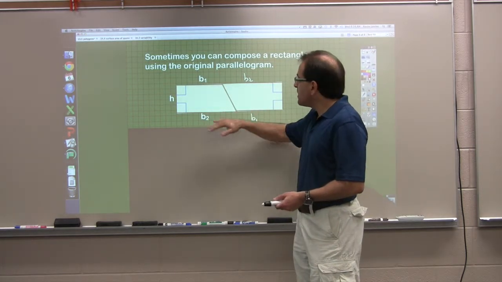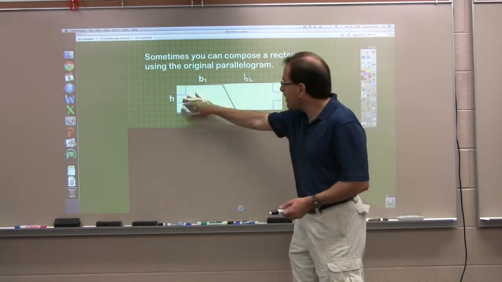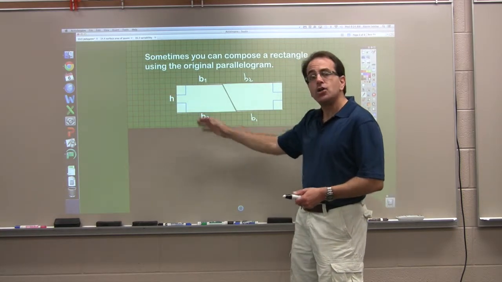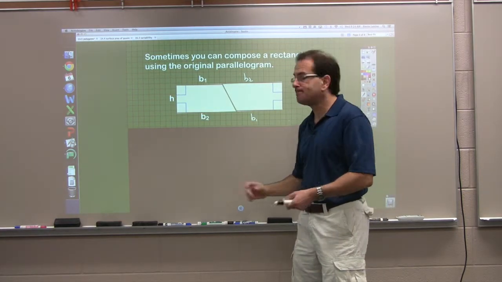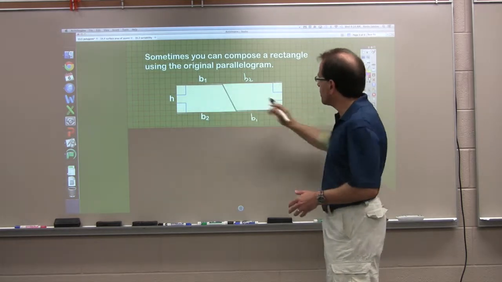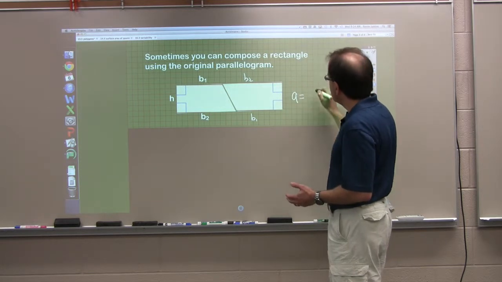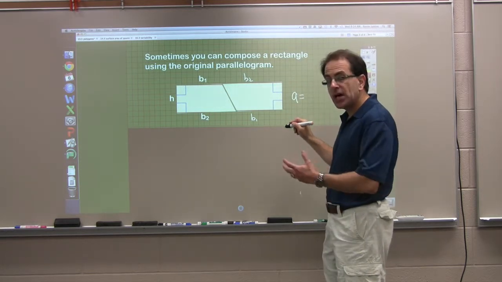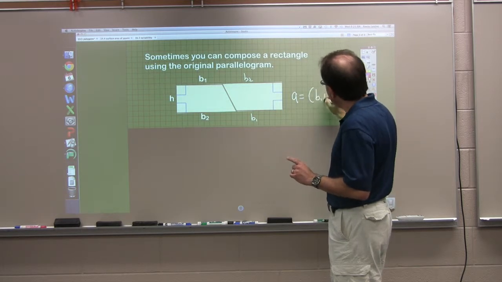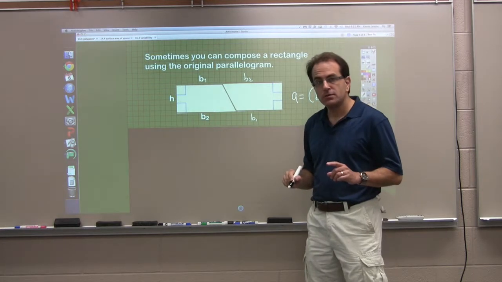The base is base 1 plus base 2, for this whole rectangle, and then I've got my height. So the area of this rectangle that I've constructed is area equals base times height, but the base in this case is base 1 plus base 2, times height.